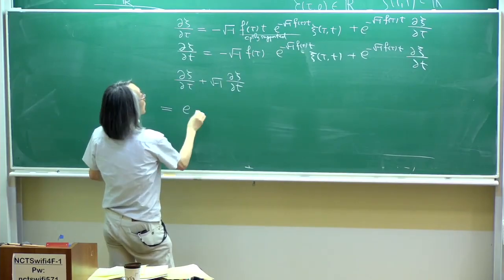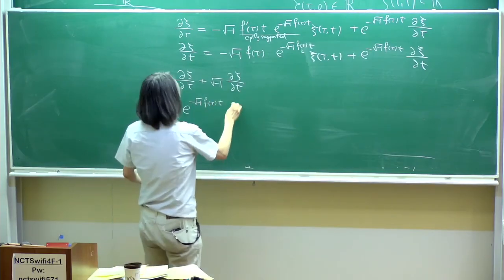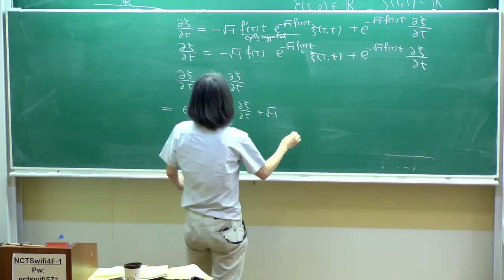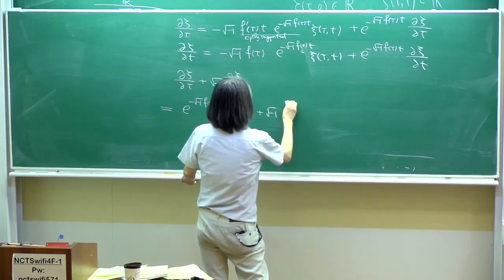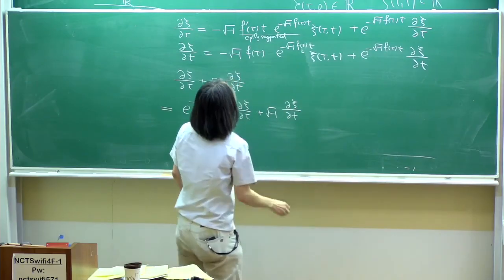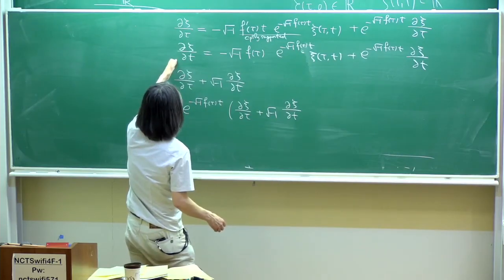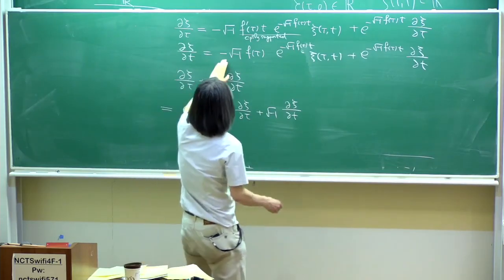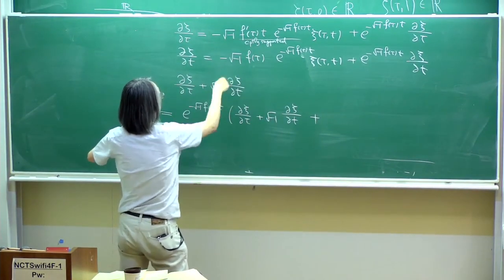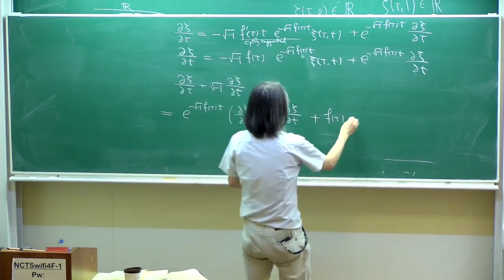So this one is e to the minus square root minus 1 of f tau of t of d psi d tau plus square root minus 1 of d psi dt, and then we have different terms. So here, this multiplication is actually plus. So therefore here you have f tau, and this is here, and then psi.